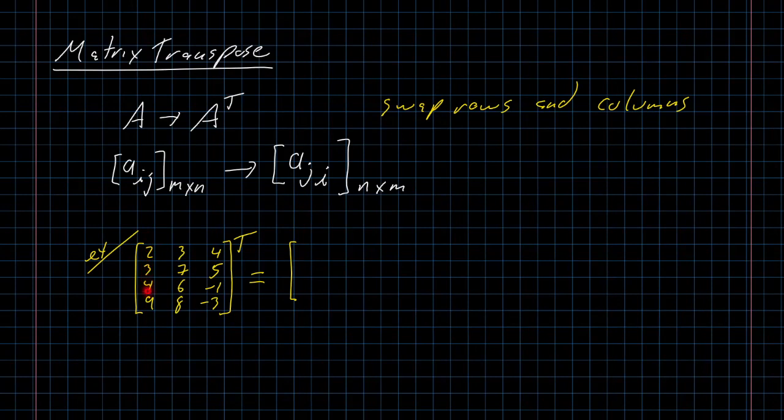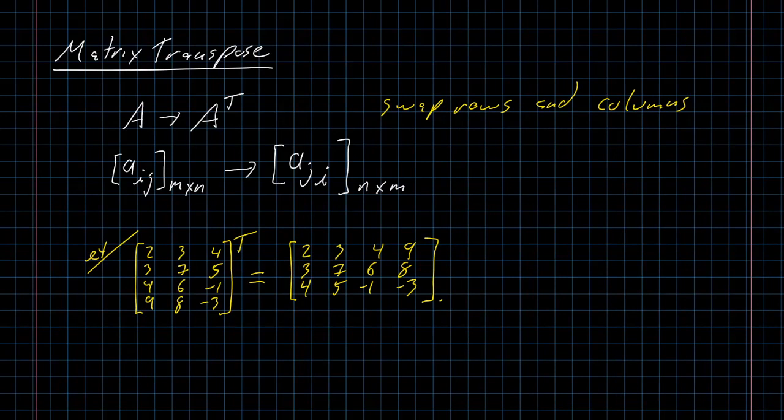The first column of the original matrix is going to be the first row of the new matrix: 2, 3, 4, 9. The second column of the original matrix is going to be the second row of the new matrix: 3, 7, 6, 8. And then the third column becomes the third row: 4, 5, negative 1, negative 3.